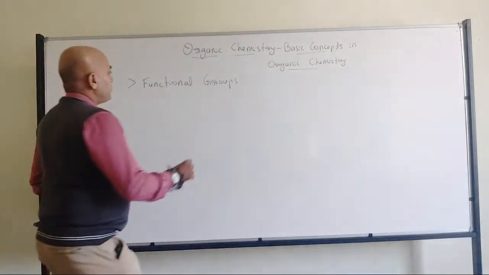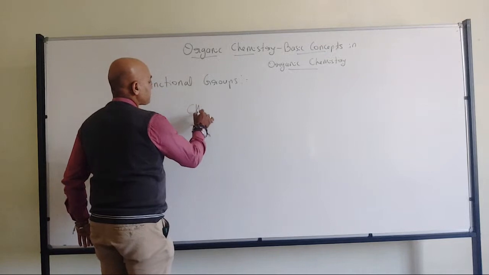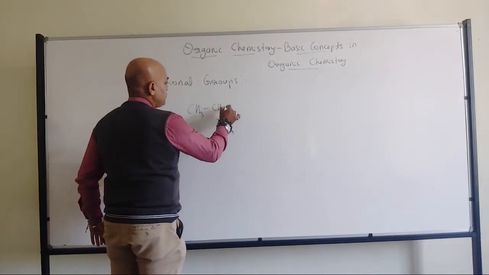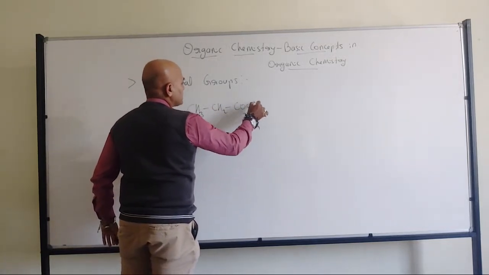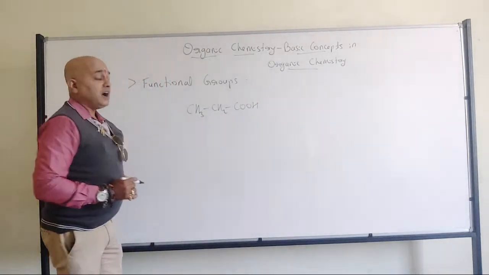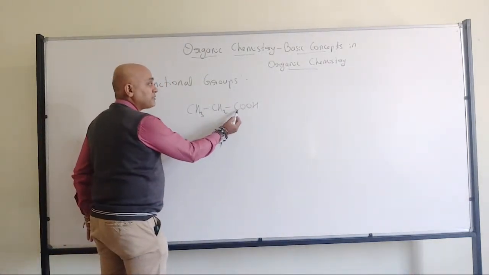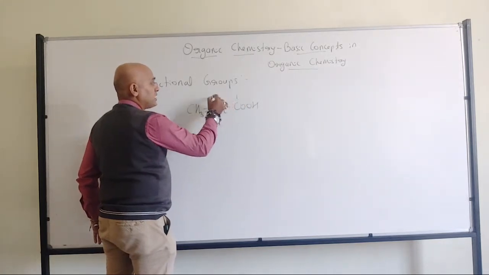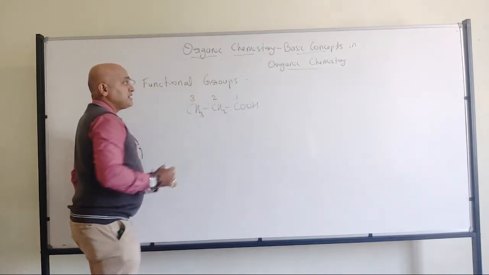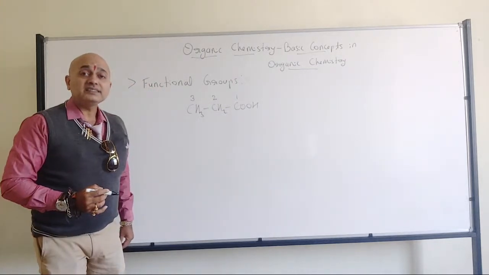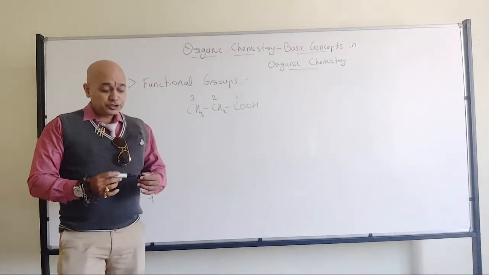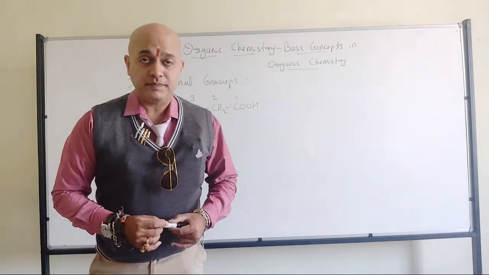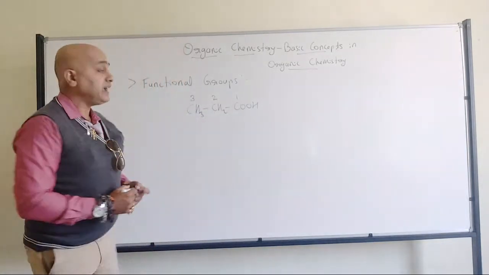Okay? Now I have CH3, CH2, COOH. Now we have to consider even this carbon. There is a carbon in the carboxylic acid also. So therefore 1, 2, 3. So how many carbons are there? 3 carbons. So that means it should be a propane derivative.